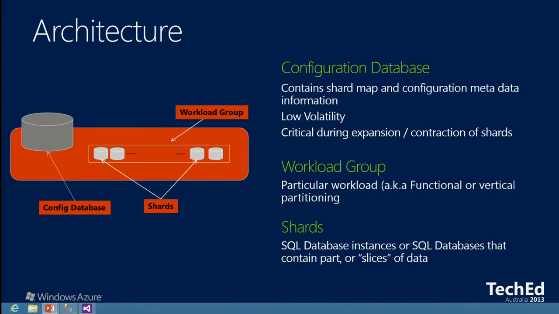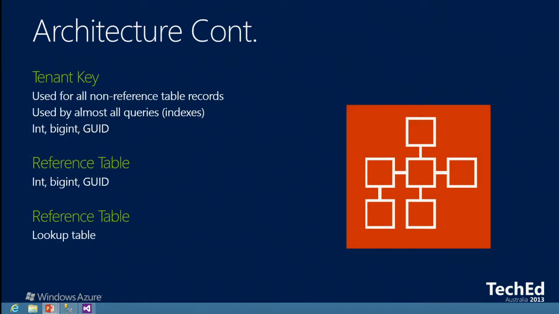All right. So we then have what's called the tenant key. This is what am I partitioning on, again, customer ID, order ID. We have reference tables. These are fairly static things like state and zip code.